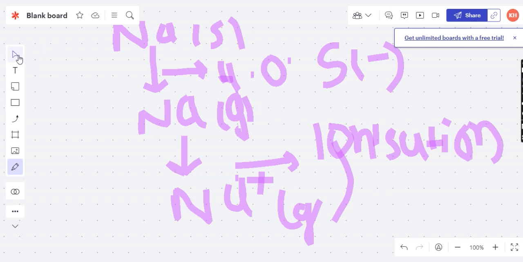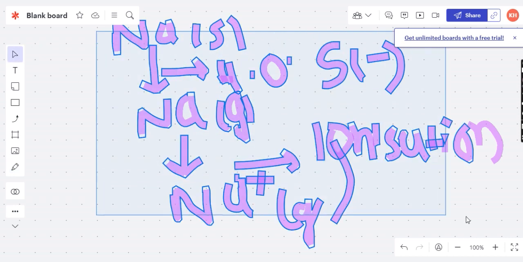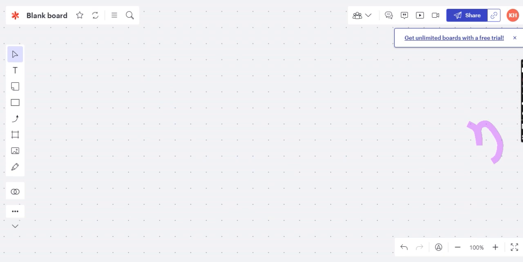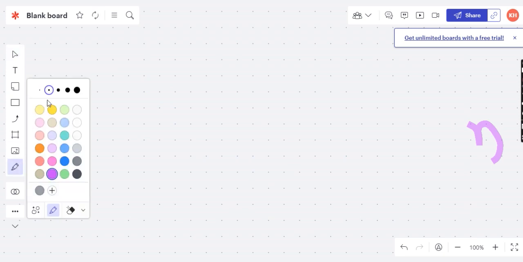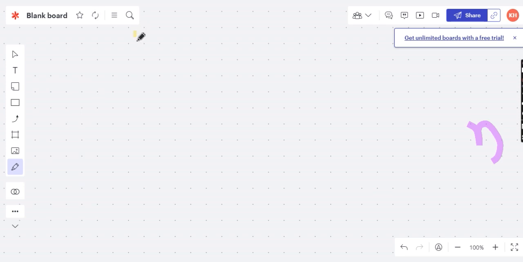If we talk about the other part, which is chlorine, 1/2 Cl2, the first thing we need is to dissociate it into single atoms. So change it to Cl by bond dissociation energy.